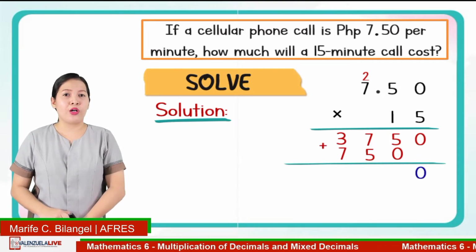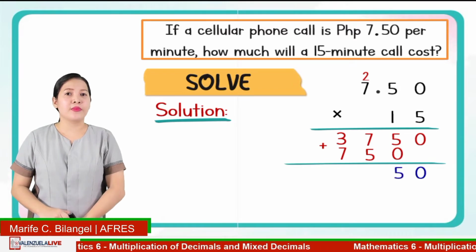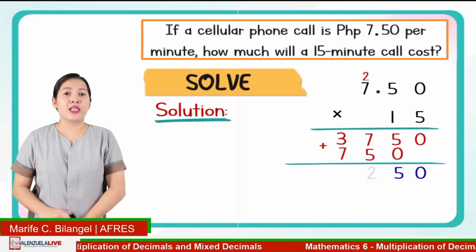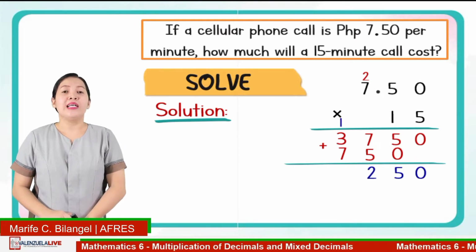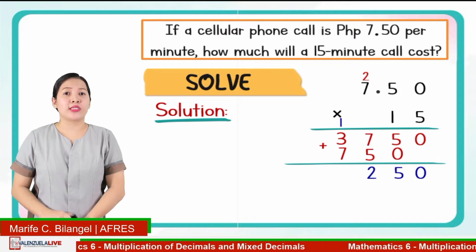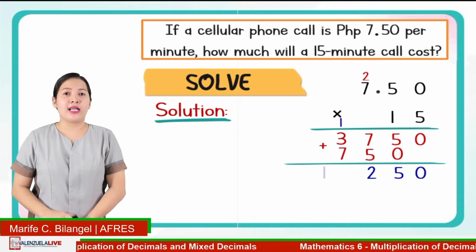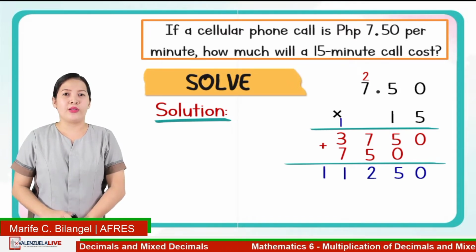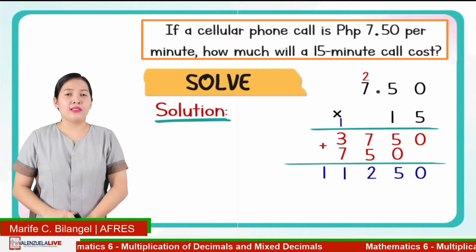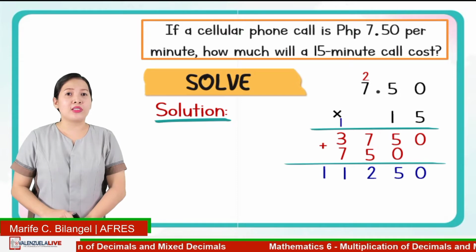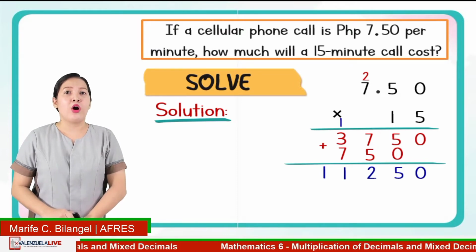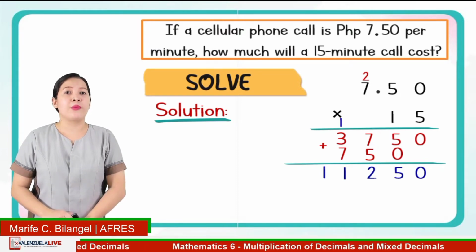5 plus 0 is equal to 5. 7 plus 5 is equal to 12. Write down 2 and regroup 1. 3 plus 7 is equal to 10 plus 1, that is equal to 11. To get the product of 750 times 15, let us count the decimal places of the factor 7.50.